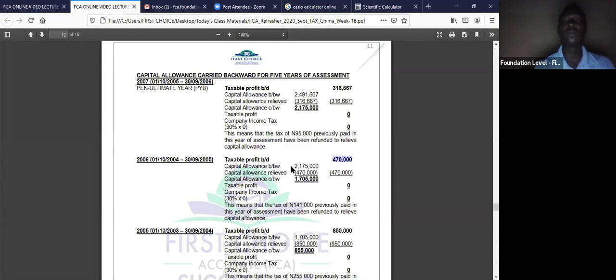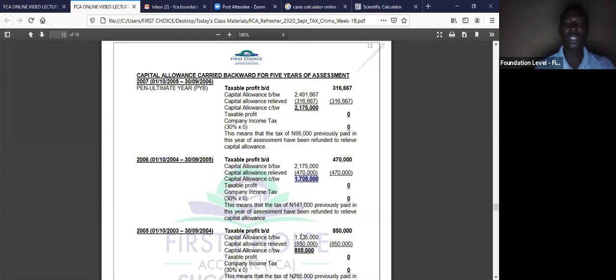Look at the capital allowance we brought backward, and I told you between this and this, which is smaller, put it down here. Put it down here again. You have 0 here. As long as here is not 0, it means we still have to go forward.